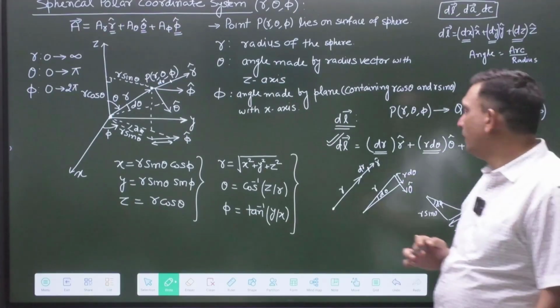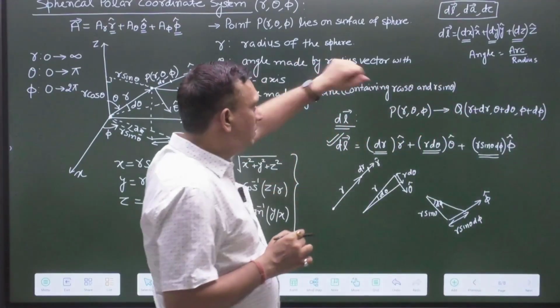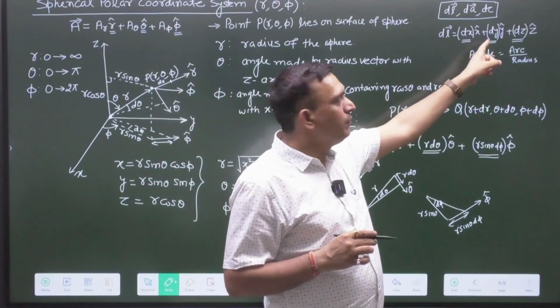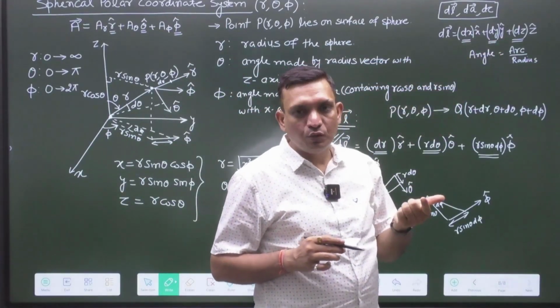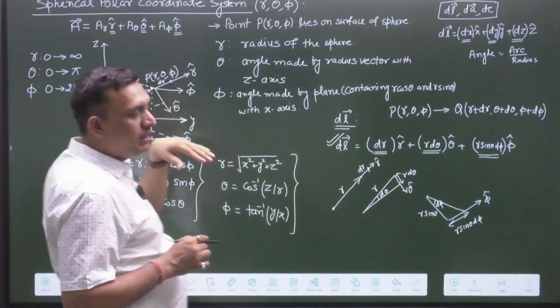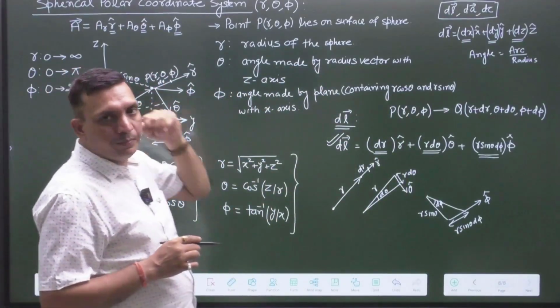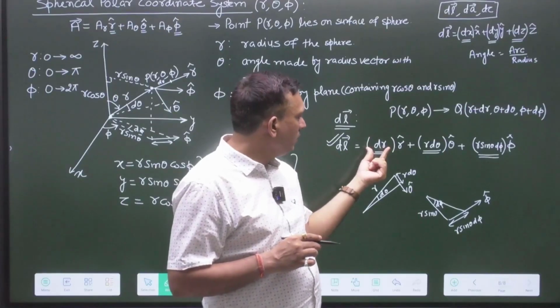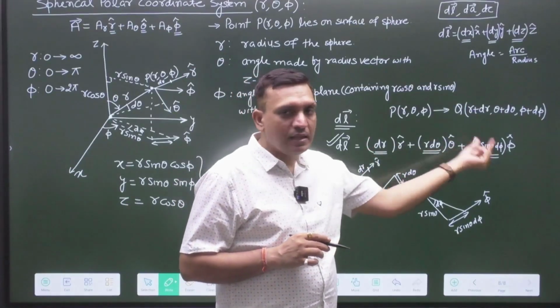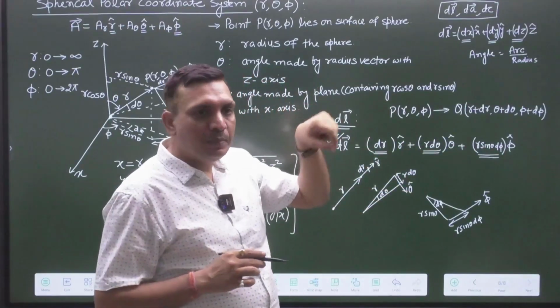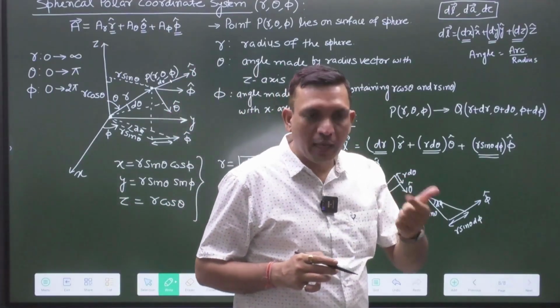ठीक है? And just like here, dx, dy, dz are sides of the elemental cube. So in spherical symmetry, axis is r cap, theta cap, phi cap, and what will be sides of the elemental cube? dr, r d theta, r sine theta d phi. And if you multiply those sides, you will get volume element.